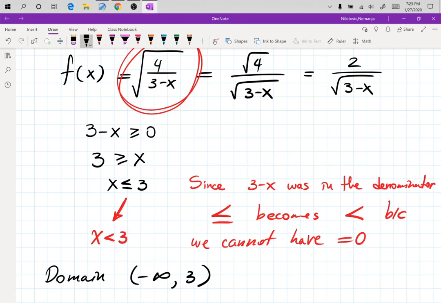Right, so we have the 100, 121 for 11, 144 for 12, 169, 196 for 14, and 225 for 15. Those are nice, right? We call them perfect squares.